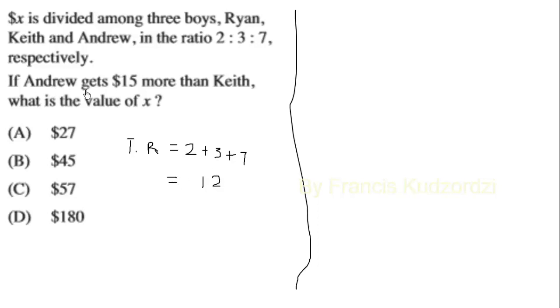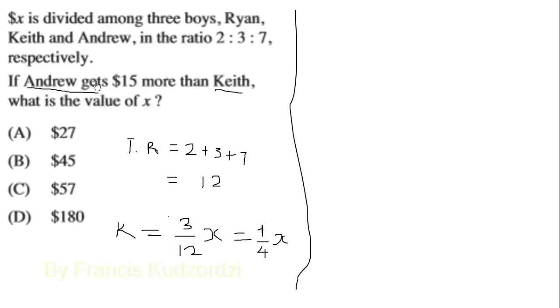Now we are interested in Andrew's share and Kate's share. So you know Kate is in the middle, so the middle ratio corresponds to Kate. So Kate will receive Kate's ratio, which is 3, over the total ratio, which is 12, times the amount shared, which is X. And this will be equal to 1 over 4x.